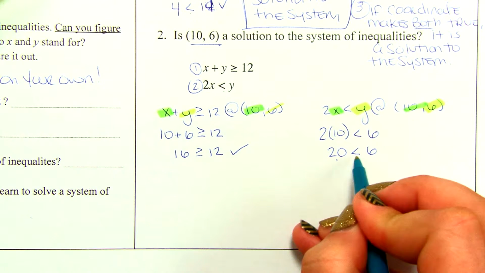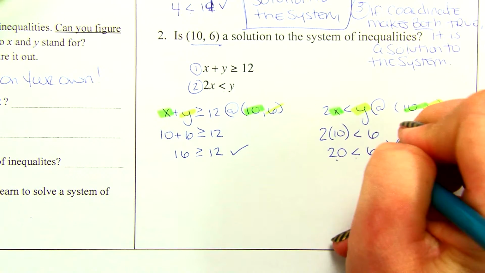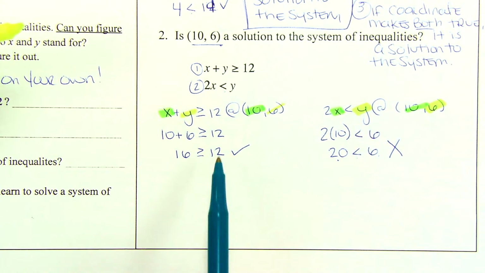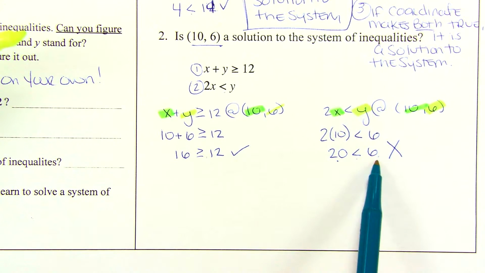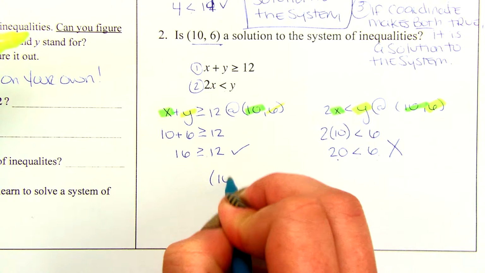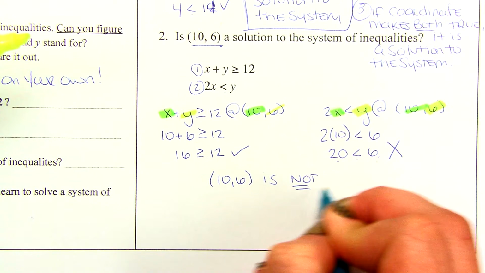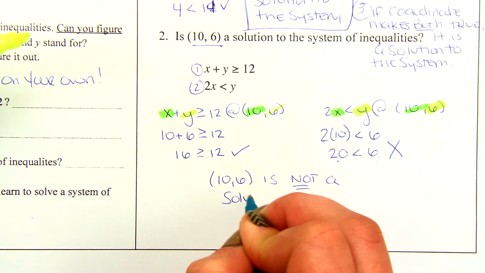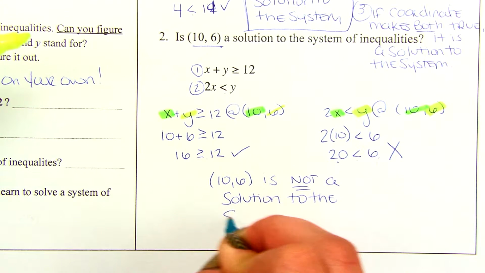Is 20 a smaller number than 6? No. So it made one inequality true, but it did not make both true. Therefore, 10, 6 is not a solution to the system.